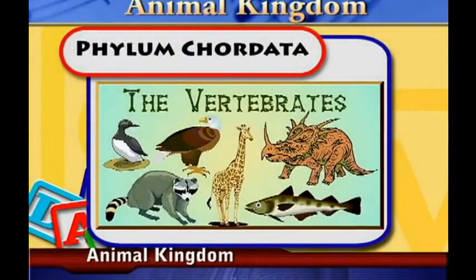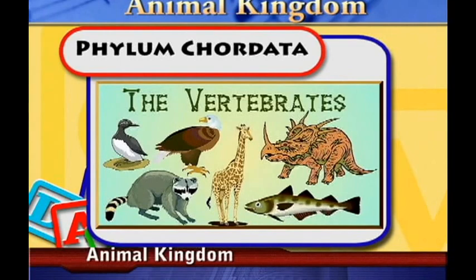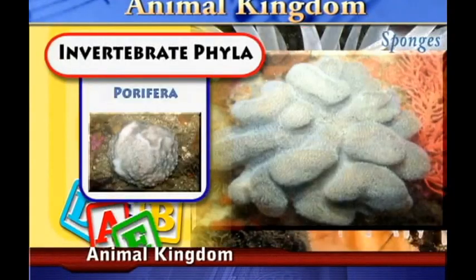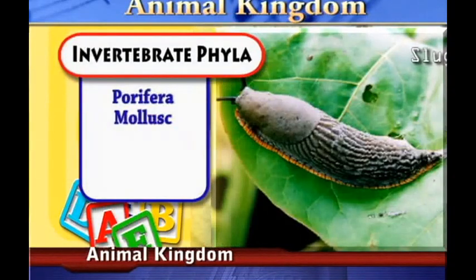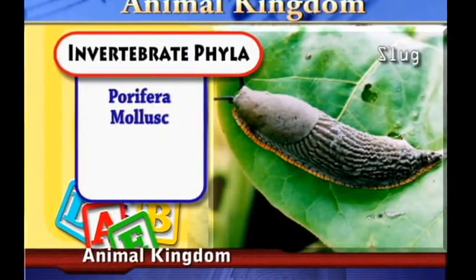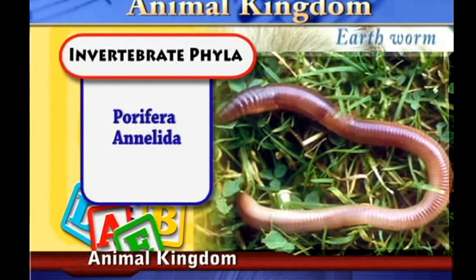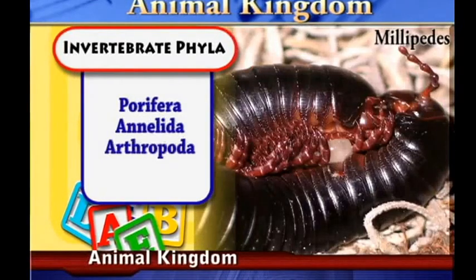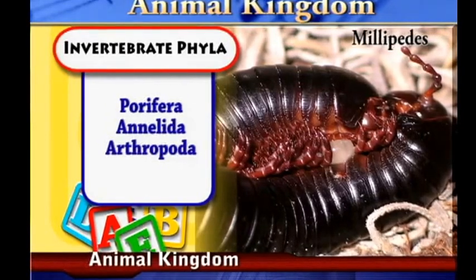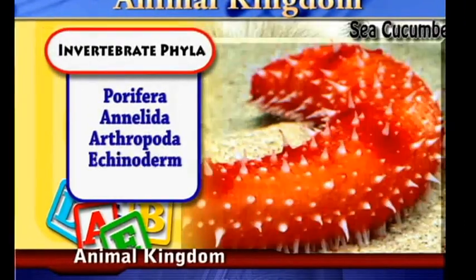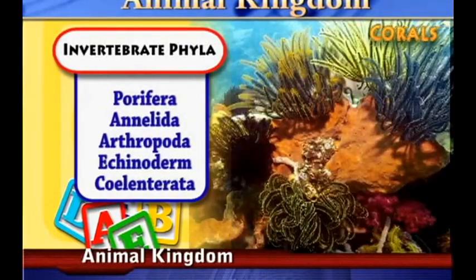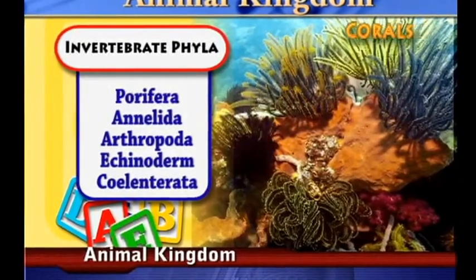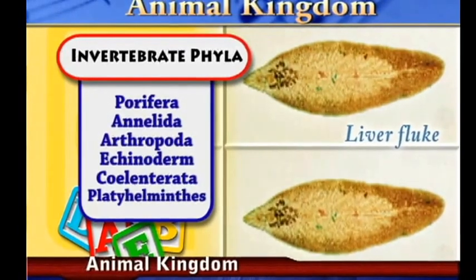We have phylum Chordata. We have phylum Porifera. We have phylum Mollusca. We have phylum Annelida, phylum Arthropoda, phylum Echinoderms, and phylum Coelenterata, and lastly phylum Platyhelminthes.